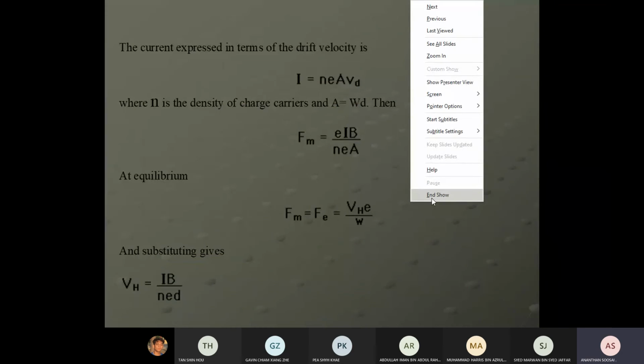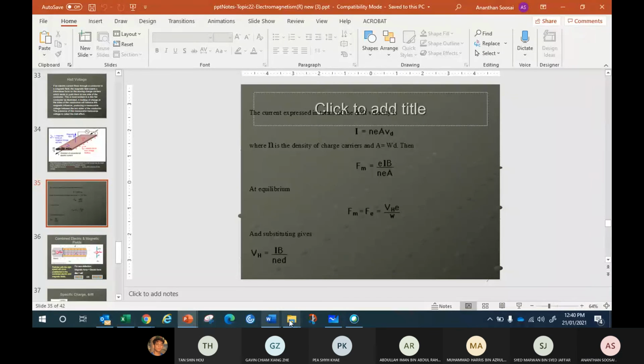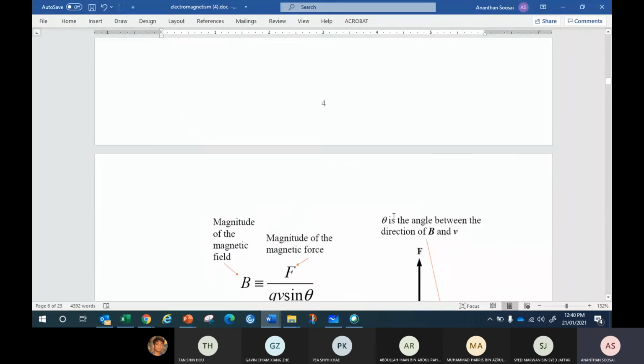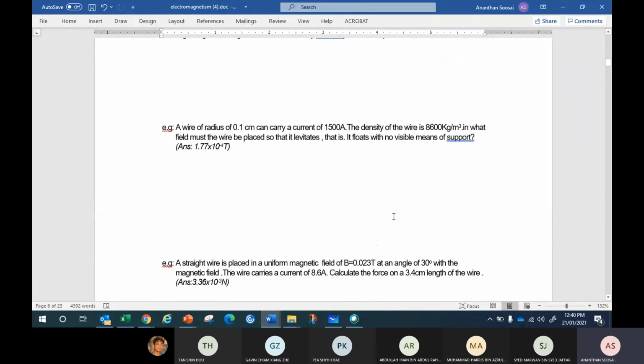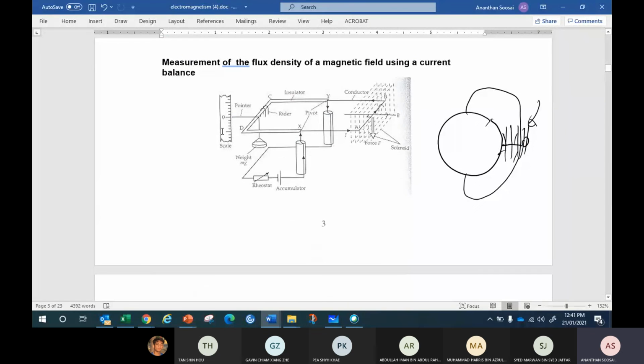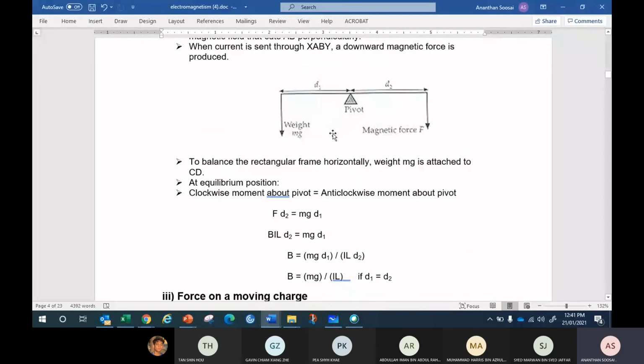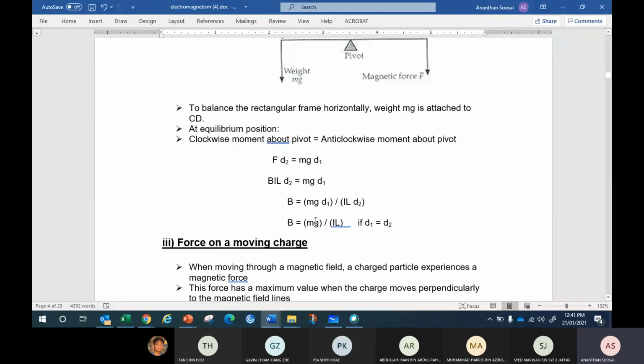So what did you learn today? A small recap. You learned about the current balance, a way of finding the magnetic field strength. Moment is used to measure the magnetic field strength.